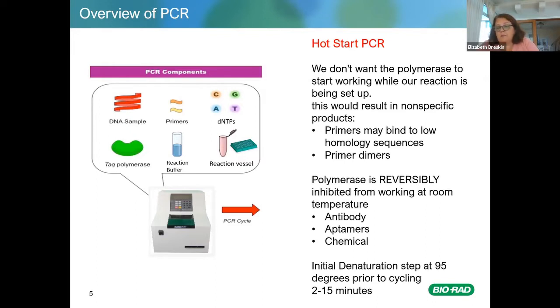And this is because we don't want the polymerase to start working while our reaction is being set up, because we might get non-specific products and primer dimer issues. So hot start refers to an initial denaturation step at 95 degrees that occurs prior to the cycling. And that step could take 2 to 15 minutes, depending on the company's formulation of their Taq polymerase.